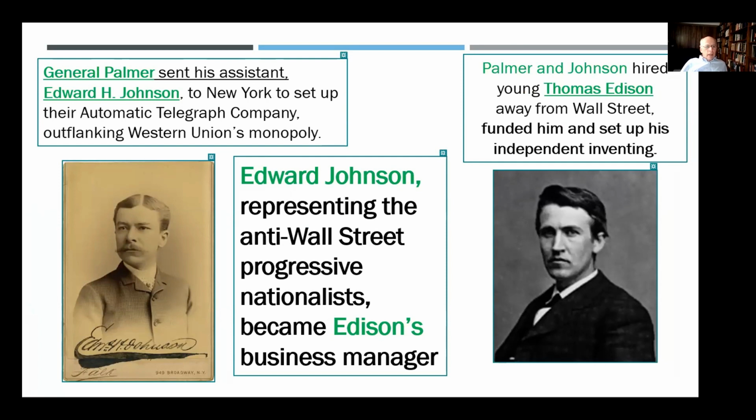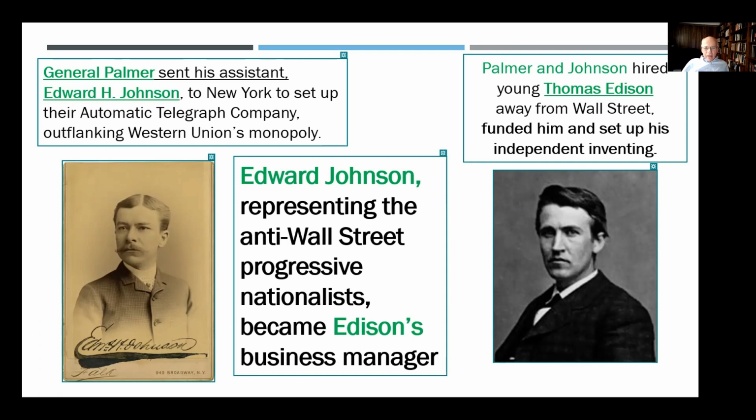General Palmer needed a telegraph to run a railroad. And they set up their own company in New York to get around the Western Union monopoly. He sent his assistant on the railroad, who was part of this Philadelphia group, Edward Johnson, to New York to set up their company, the Automatic Telegraph Company.